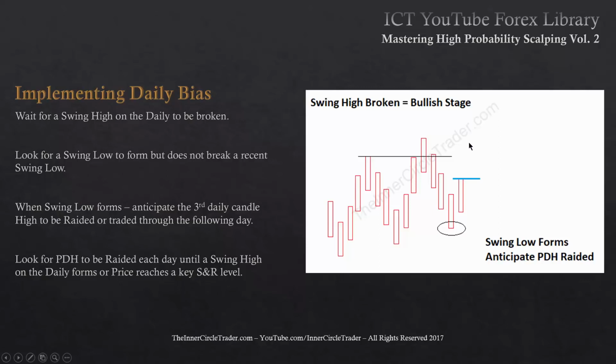Or if we have price rally up to a degree, either at this level or before it, and create a swing high, once that forms we have to wait for that swing high to be broken on the upside. There are going to be a lot of missed opportunities, admittedly, with this, but it gives you a specific criterion to work within.